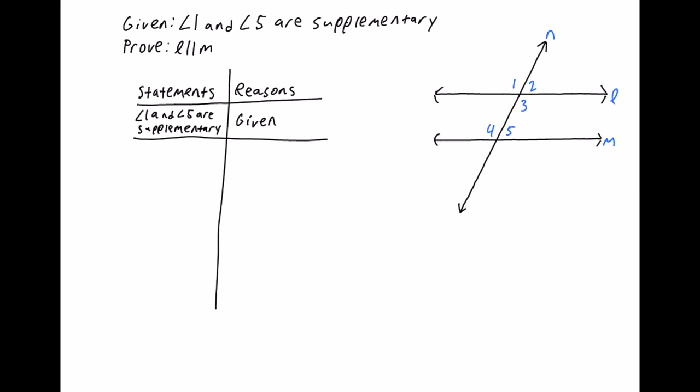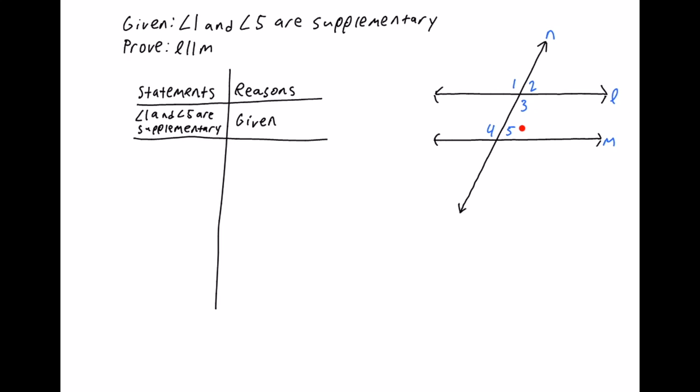There could be a couple ways to go about this, but what I'm going to do is, I noticed next to angle 5, we've got angle 3 here. Those two make a pair for parallel lines, so we can deal with that. I think that'll work the best.